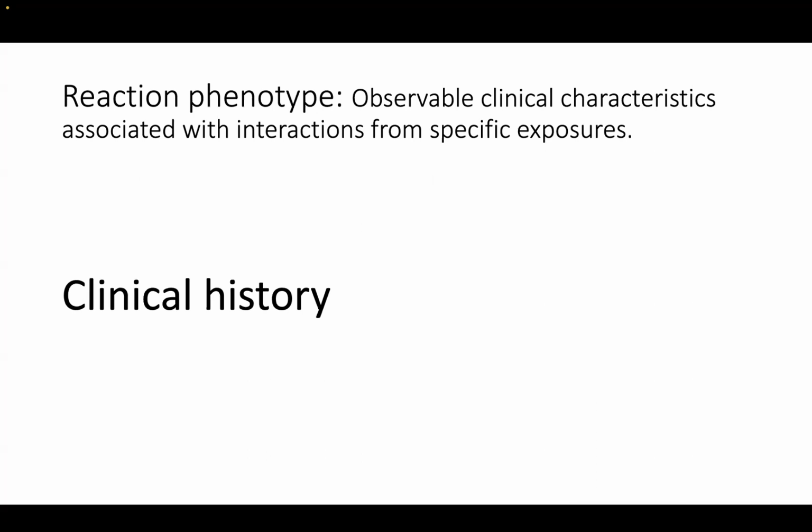And the reaction phenotype is determined mainly by starting with the clinical history, and then this can be followed by a physical exam in the acute state. But let's say the patient came to you with a reaction that happened a few months back. Then the main tool that would help you determine the reaction phenotype is the clinical history, which is a very important source of information.